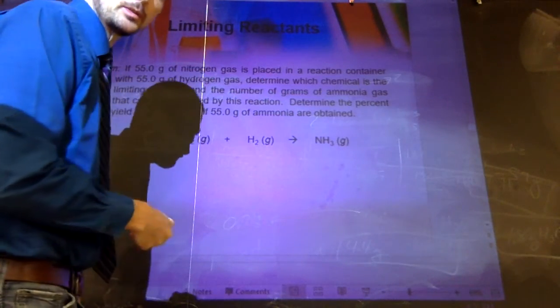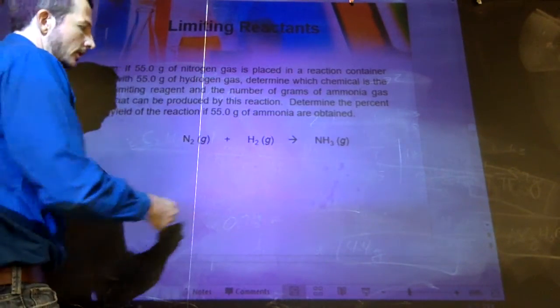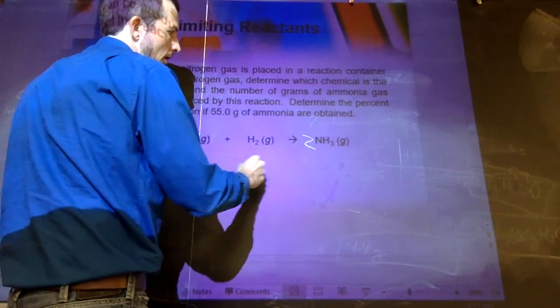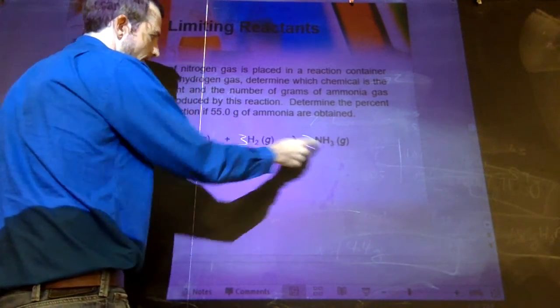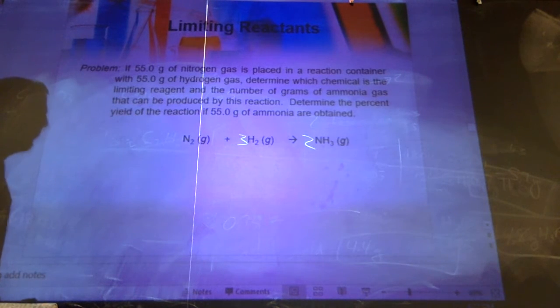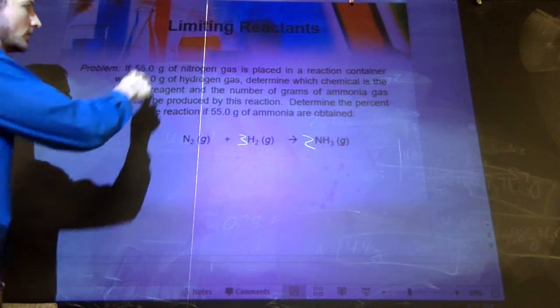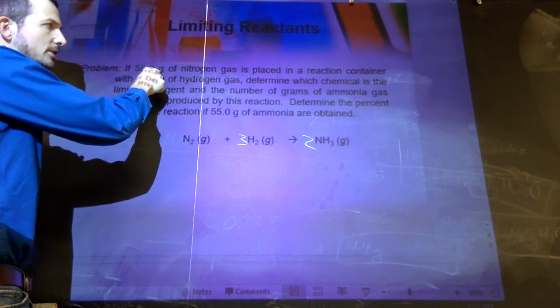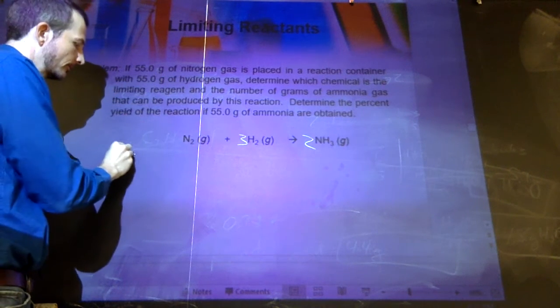First thing I need to do is balance the equation. So 6, 3, 2, 2, okay, so it's balanced. First thing I'm going to do is see how much ammonia can be produced by 55 grams of nitrogen.